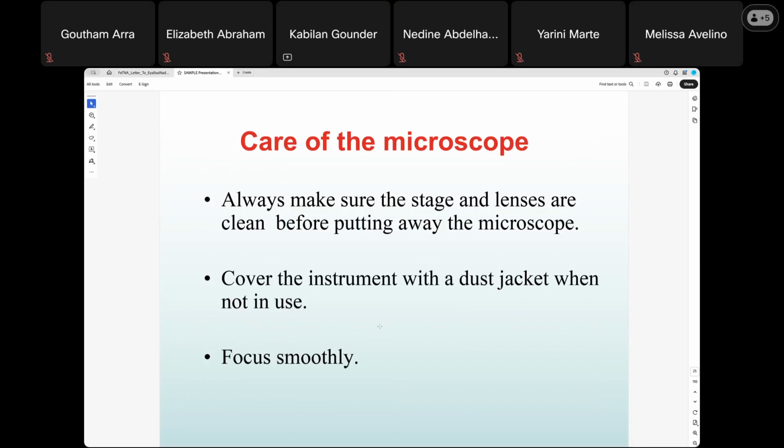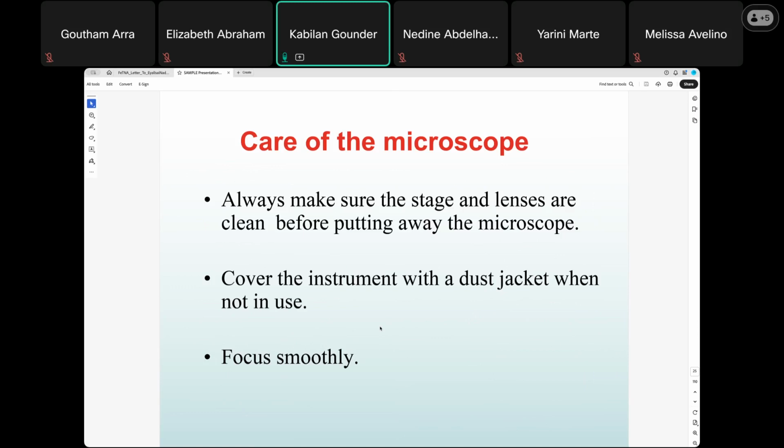Always clean the microscope, especially the stage and lenses, before putting it away. The reason is that we don't want to contaminate your sample to others, or let dust build up if it is not used for a prolonged time. So always clean up the area, close it with the cover and leave it.